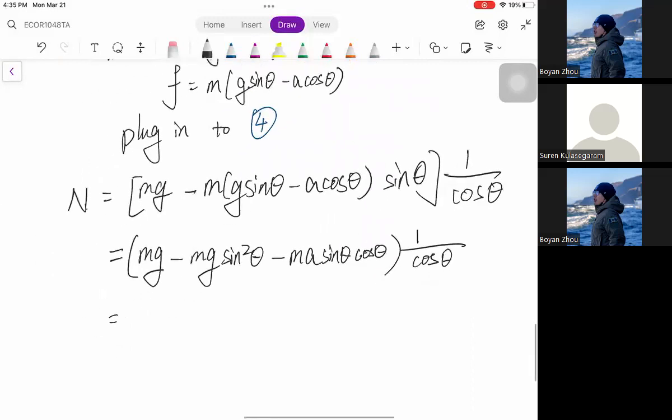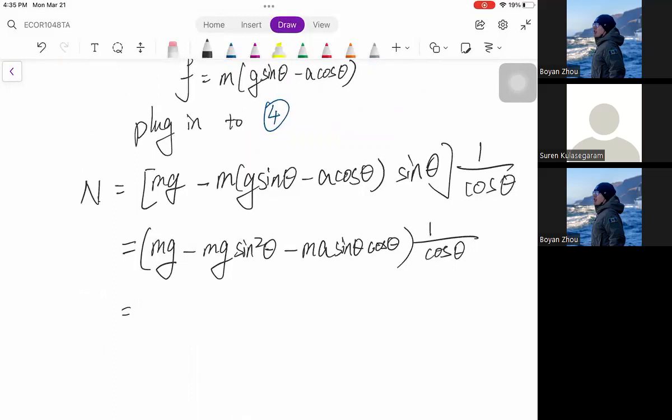So here, you need to notice that mg minus mg sine squared theta is equal to mg times 1 minus sine squared theta, and minus the rest.